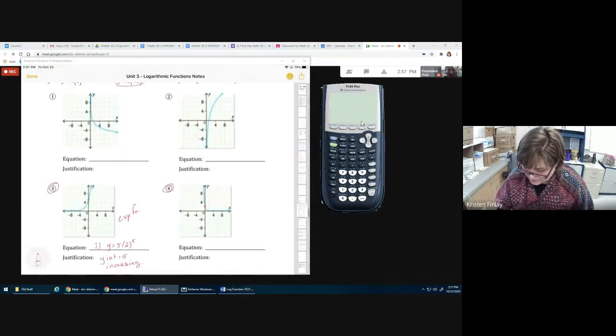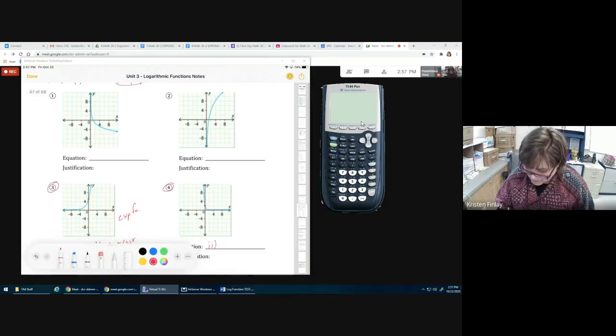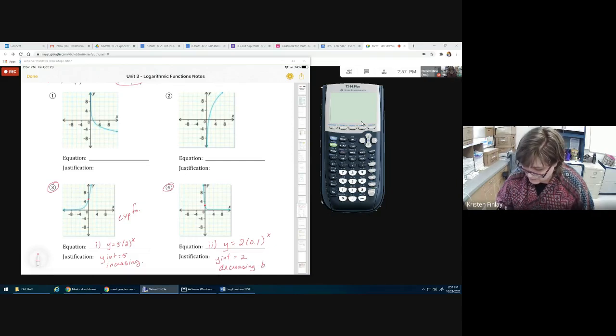So it would be, sorry guys, y equals 2 times 0.1 to the x. So justification: the y-intercept equals 2. It's decreasing, so b was greater than 0 but less than 1, right? And it's an exponential function.